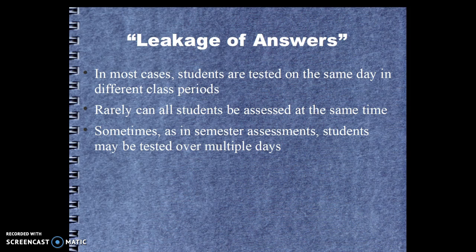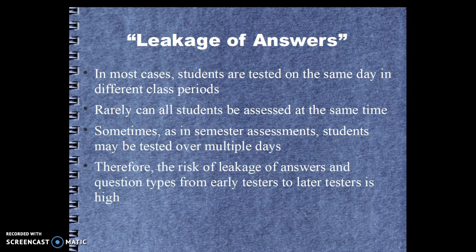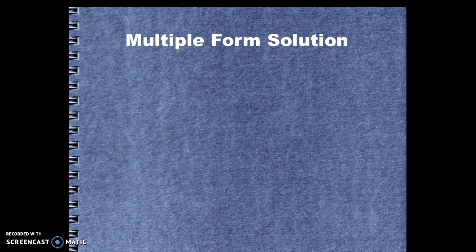Sometimes, as in semester assessment, students may be tested over multiple days, in some cases even 4 or 6 days. Therefore, the risk of answers leaking between students who test early and those who test late is high, and the traditional solution is to have multiple forms of the test that you give to the different classes.